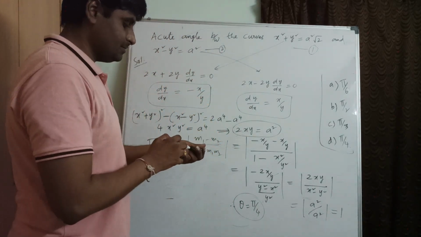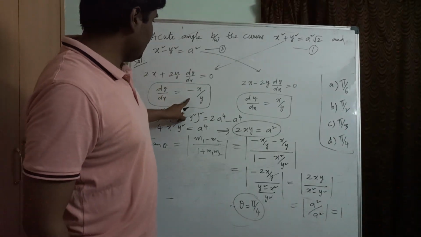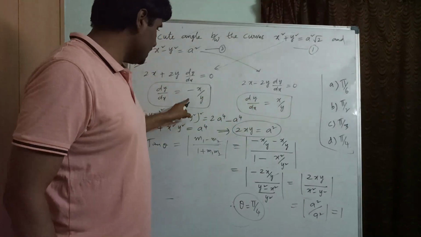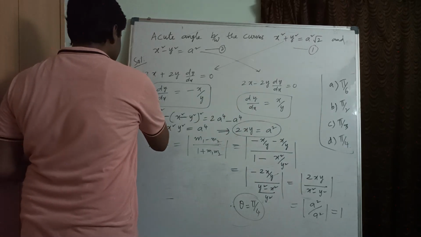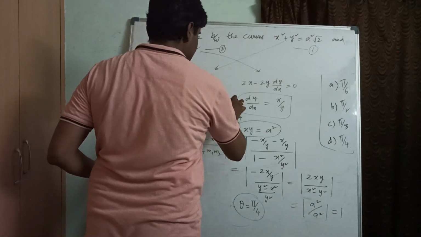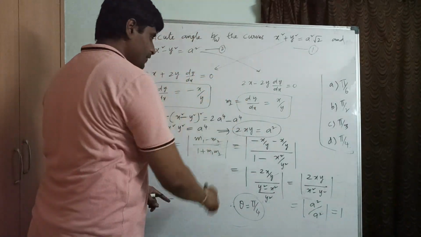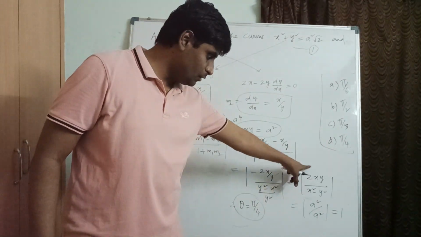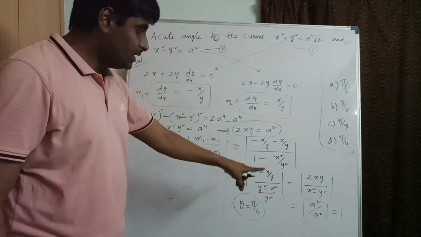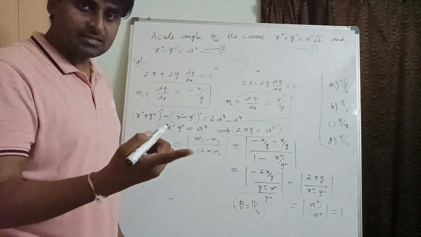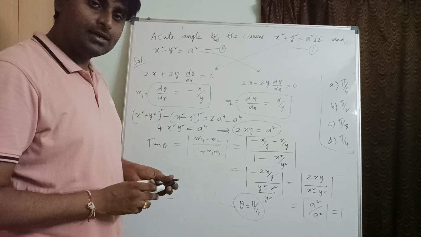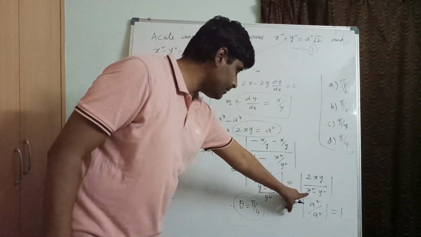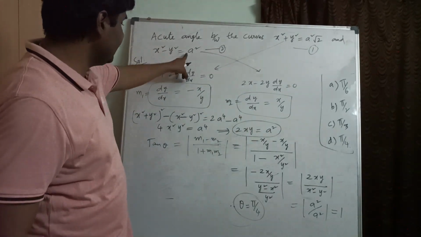So make it easy. Right? From this we get minus x by y, from this x by y. This is m1, this is slope 1, and this is slope 2. If I directly substitute, I get an expression in terms of x and y, but we are not getting any angle from that. For that, those two terms must be replaced by constant terms so that we can get one particular angle. So x square minus y square I can replace by a square, correct.